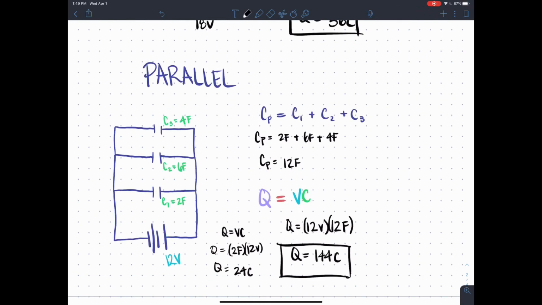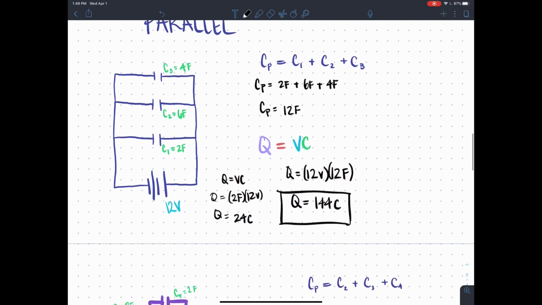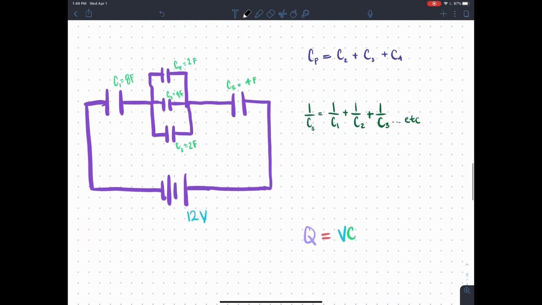The last example that we're going to look at today is when we combine capacitors in series and in parallel. As we can see in this example, we have capacitors that are in series and capacitors that are in parallel.